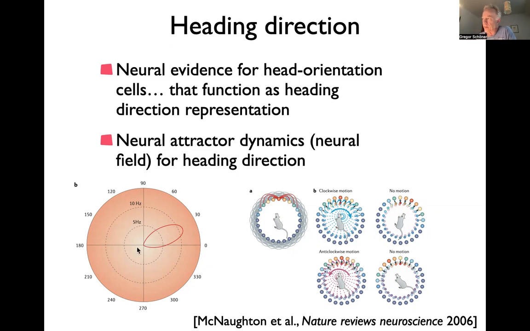So first of all, this is schematic, but you can have tuning curves, and I'll show you experimental tuning curves in a moment, where you look at the firing of neurons in a certain part of hippocampus as the animal is in a particular location and is heading in different directions. Actually, strictly speaking, this is a head direction cell.